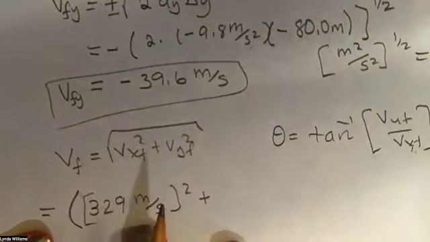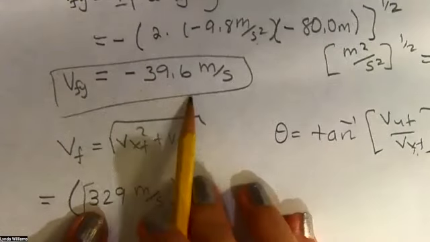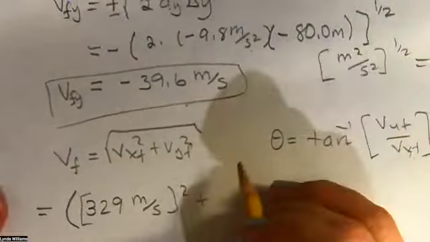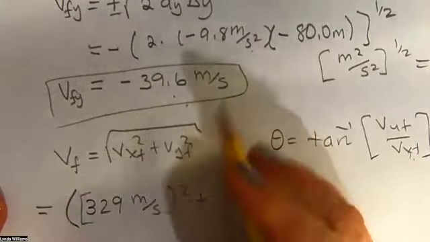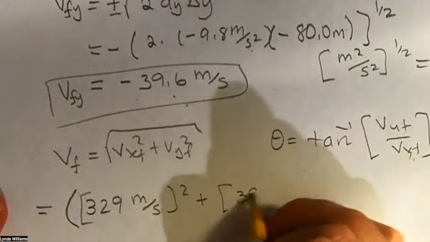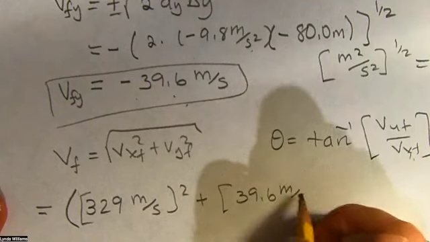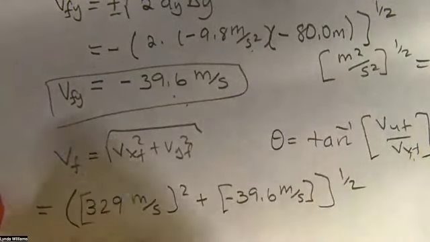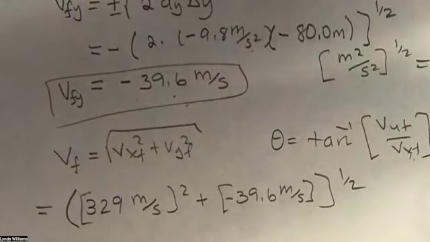And then notice how the x component is so much greater, because it's a bullet being fired. And this is just falling under free fall, so it's not the same. Let's go ahead and get that.